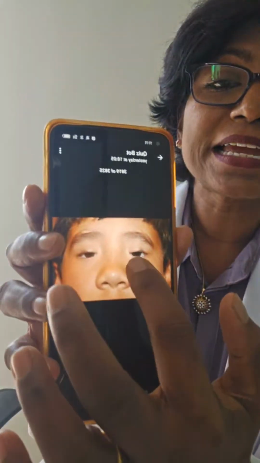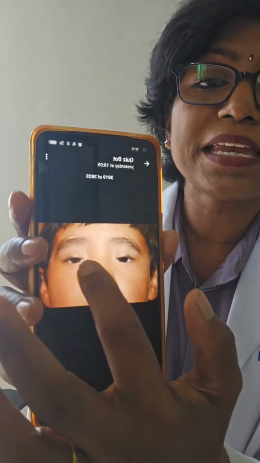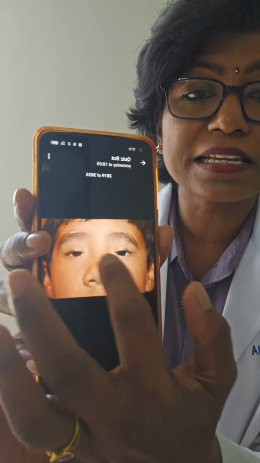Option A, increased interpupillary distance. See, I've told you the other day, they have telecanthus, increased distance between the two medial canthi, but the interpupillary distance is normal. So I've already got my answer, but anyway, let's check. Telecanthus, yes, we have telecanthus. The distance between the two medial canthi is increased.